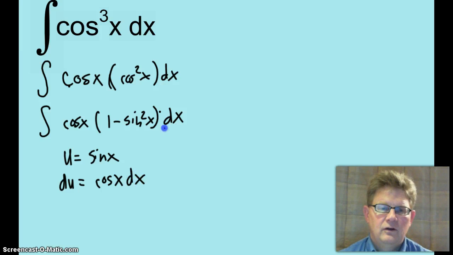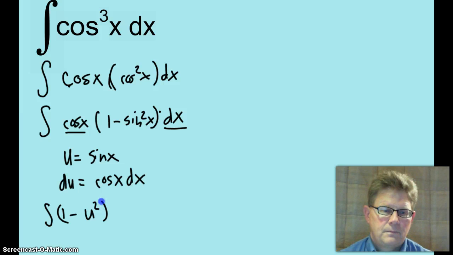Ooh, look at that. There's our cosine x dx. So the integral of 1 minus u squared du.